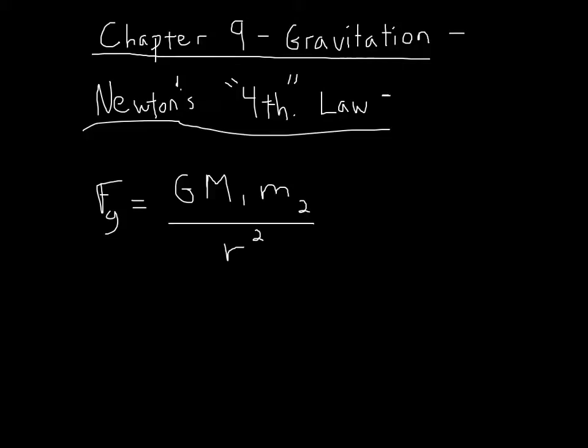And what this does is it allows me to calculate the attractive force due to gravity between two masses, mass 1 and mass 2, based on the distance between those two masses, which we call r.